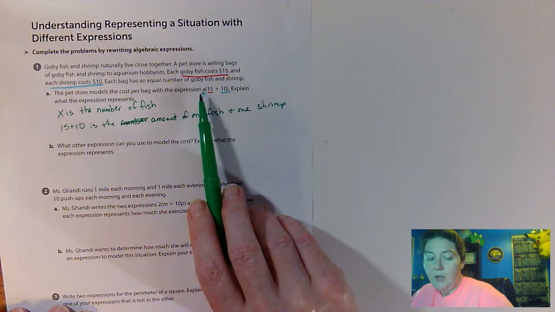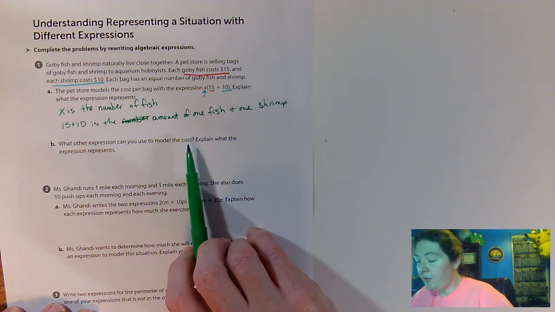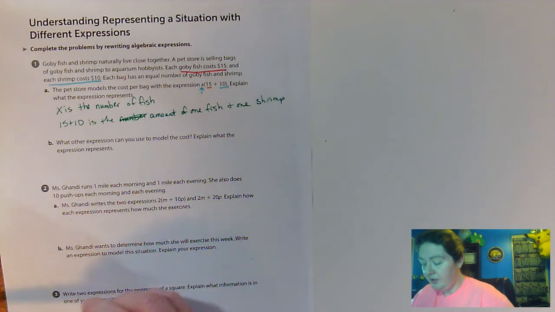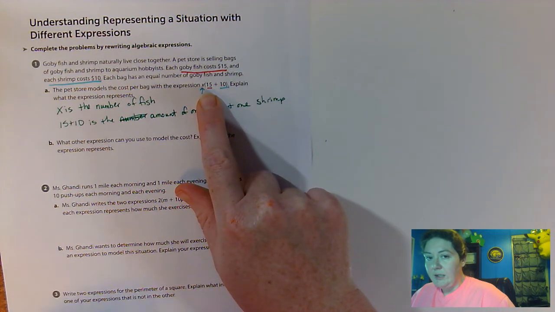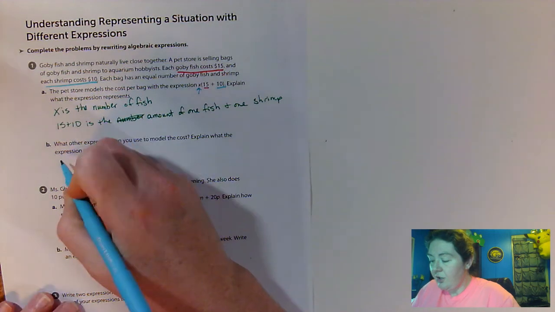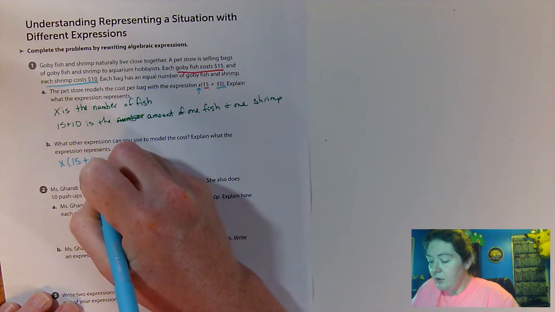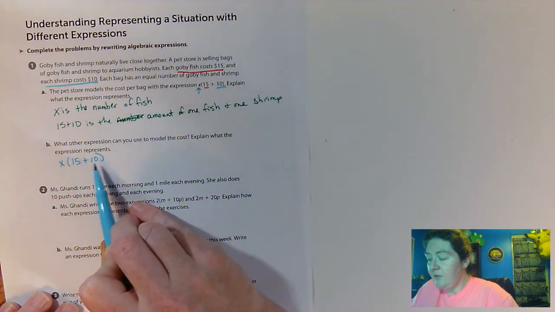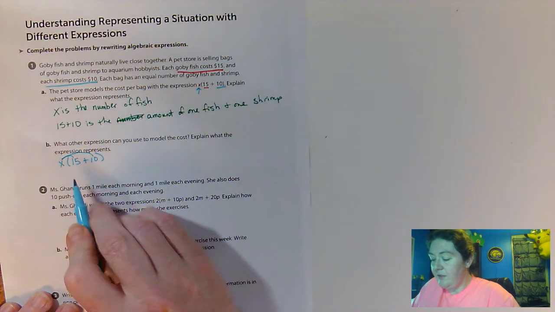Part B says, what other expression can you use to model the cost? Explain what that expression represents. On the sheet that we just did, we used the distributive property, or what I like to call our steak dinner. We've got X times (15 plus 10). If we steak dinner, remember this is the family.